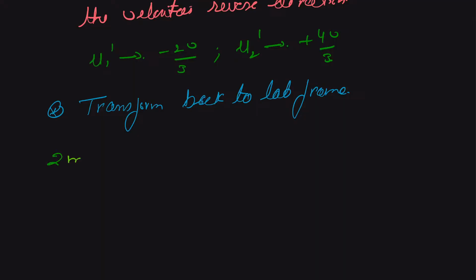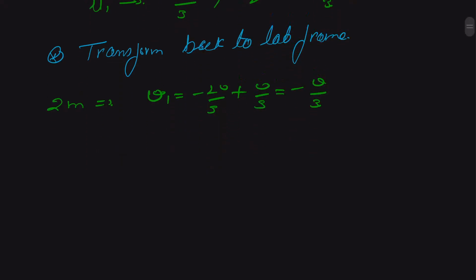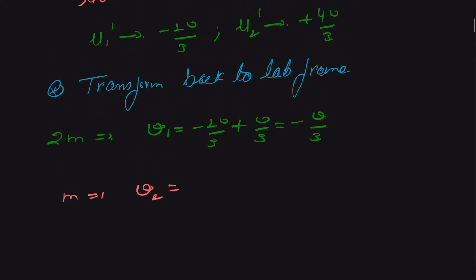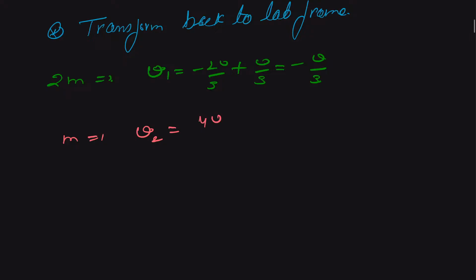So we start with the mass 2m, which gives us that v1 will be equal to minus 2v by 3 and added the velocity of center of mass, that is our v by 3. So this gives us minus v by 3. And then we have mass m, its velocity is our v2, and that is our plus 4v by 3, and this will be plus v by 3. So this gives us 5 by 3 times v.